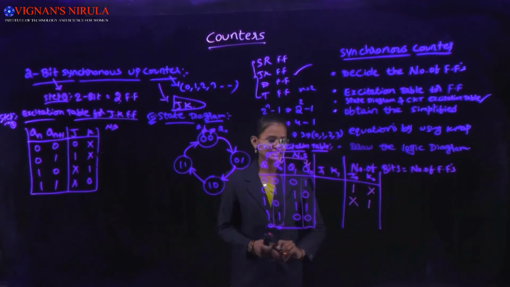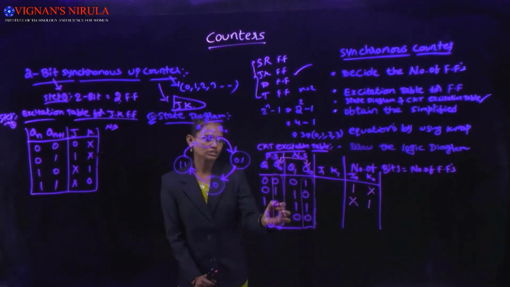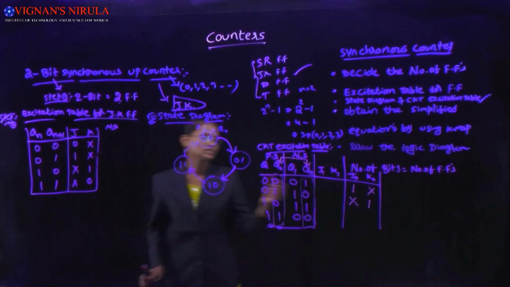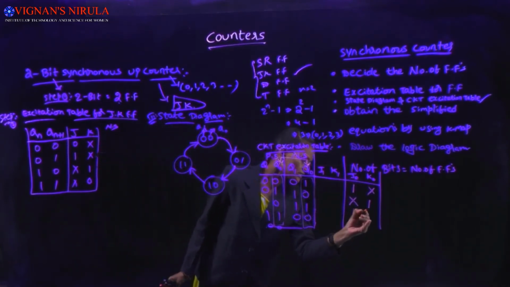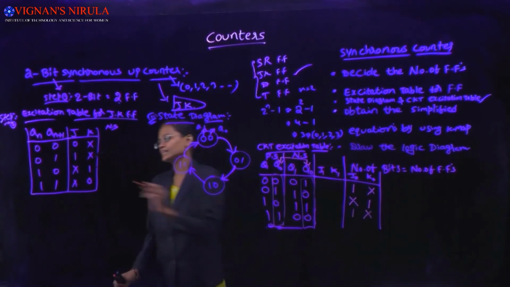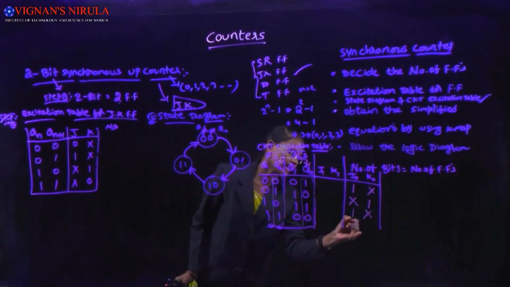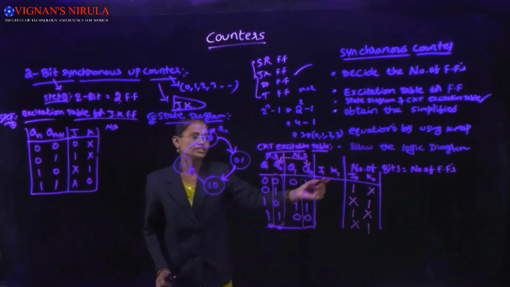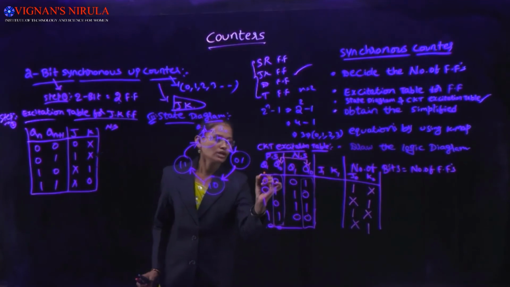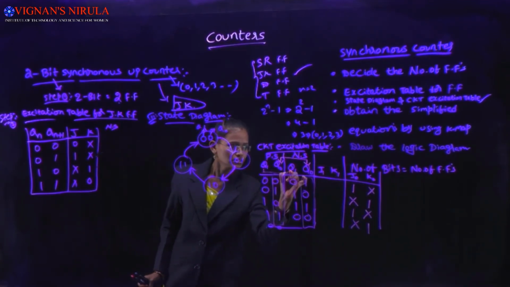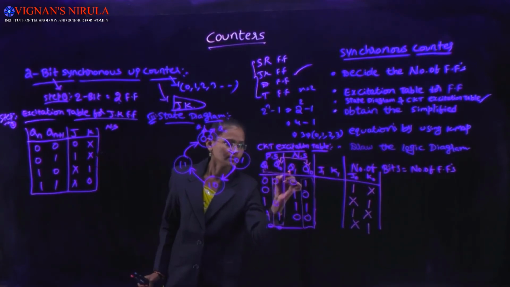And next case is Q0 going 0 to 1. J is 1 and K is X. And next 1 to 0. J is X and K is 1. This is the J0 and K0. And next is the J1 K1. Here you observe Q1 and the next state Q1.